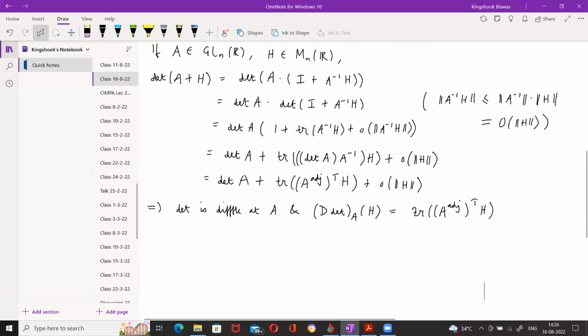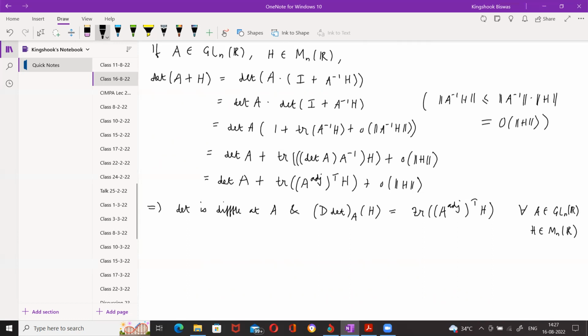Now, the point is, this is for A in GL_n(R) and H in M_n(R). But the determinant is just a polynomial function, right?